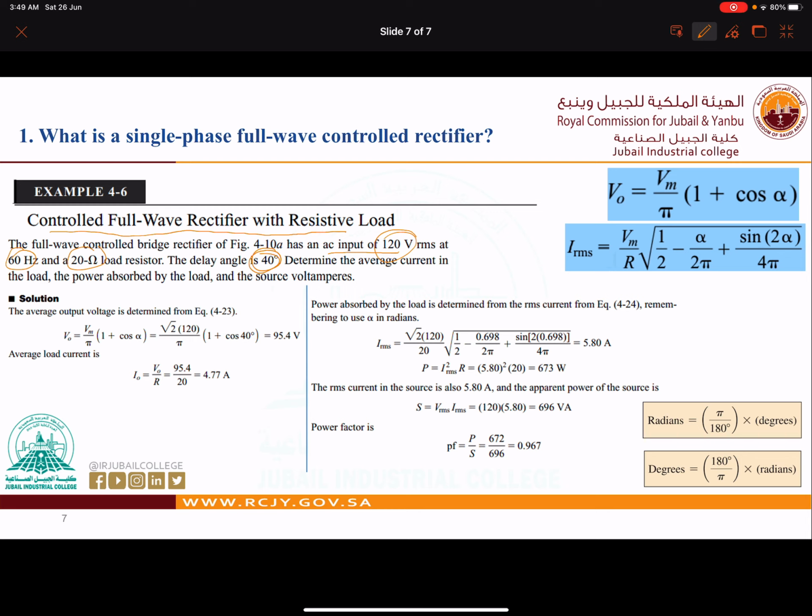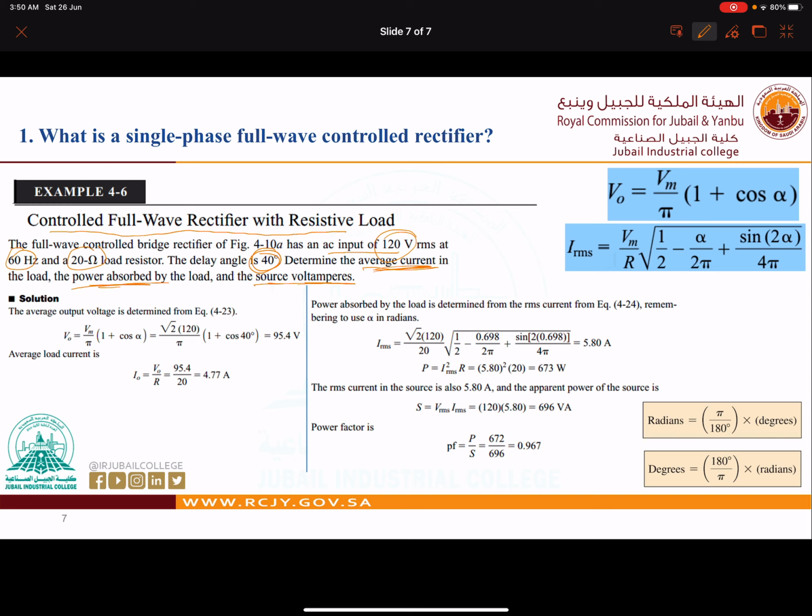The delay angle, he is giving you the delay angle, the alpha. So alpha here is 40. Determine the average current, the power absorbed by the resistor, and the source volt ampere, which is the apparent power, right?